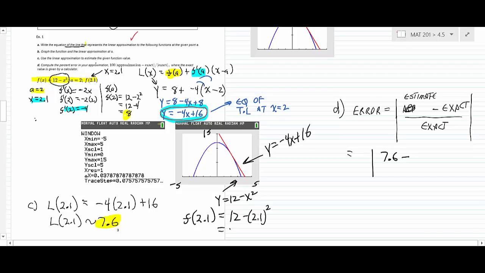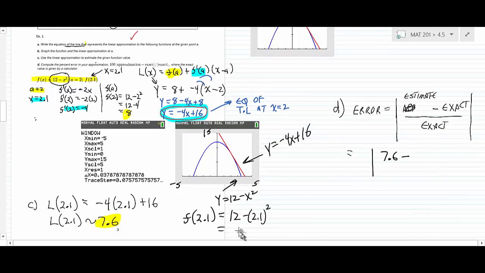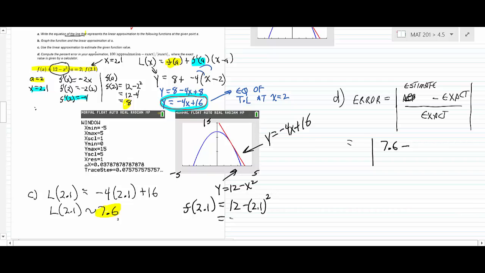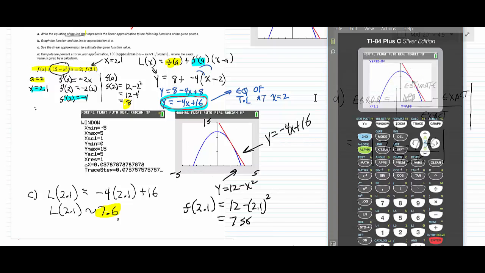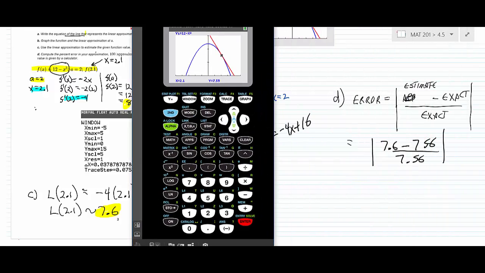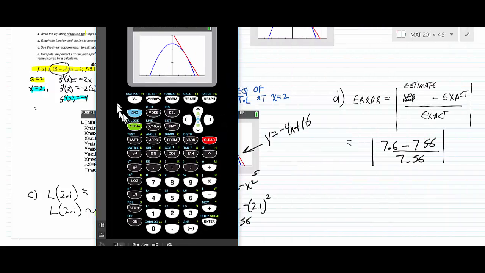I did that on the calculator, and if I remember right, that was 7.56. So that goes there, and then we divide by that exact. The estimate's what I got. The exact is what you would get if you just plugged 2.1 into the function. This will tell you how close you are in your approximation.